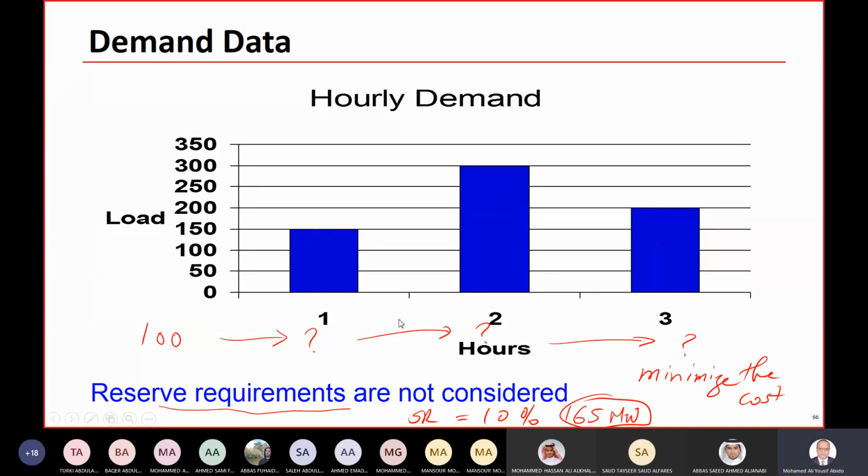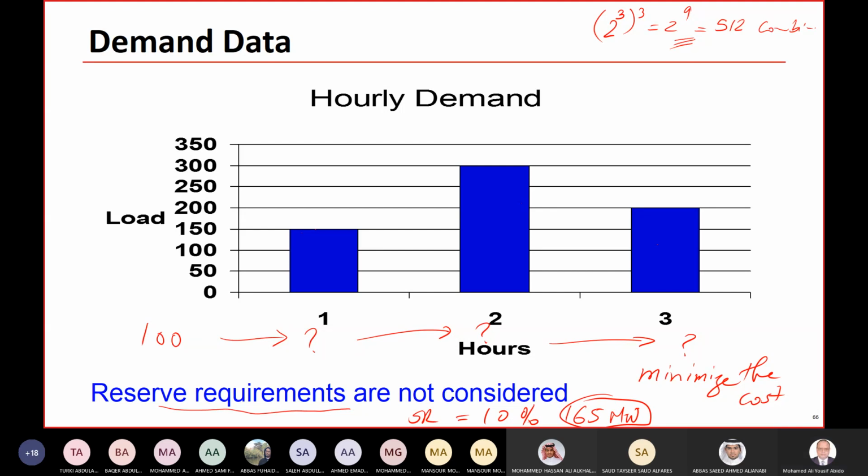For 3 periods again, and we have here 3 periods, or 3 load levels, or 3 hours, so it is 2 to the power 3 to the power 3, which is 2 to the power 9, and we can have 512 combinations. So in this very simple problem, you need to investigate 512 combinations.